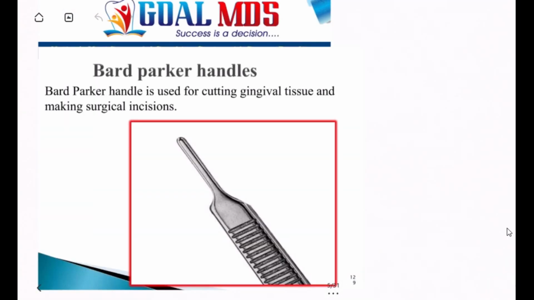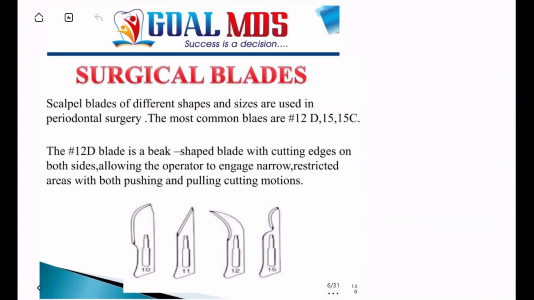Bard Parker handle is used for cutting gingival tissues and making surgical incisions. Surgical blades: the most common blades are 12D and 15C. 12D is a beak shaped blade with a cutting edge. So numbers 10, 11, 12, 15 are easily available.